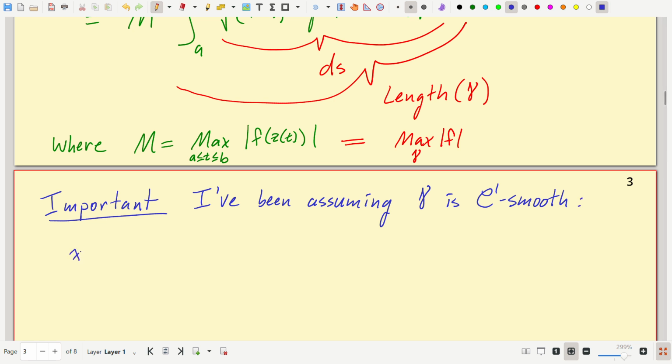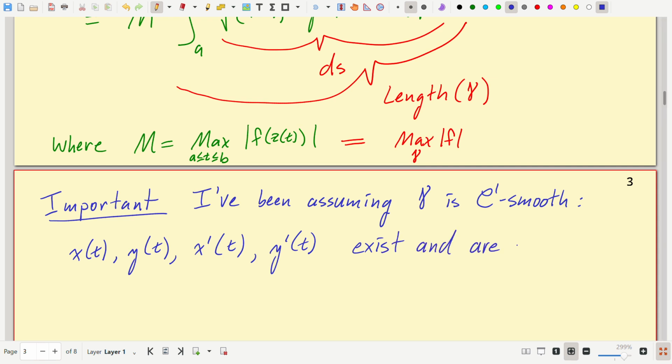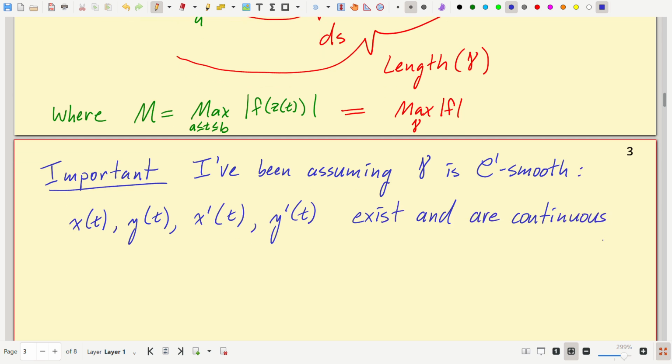And what that means is that x of t, y of t, and x prime of t, y prime of t are all continuous. Those derivatives exist and are continuous on the whole interval, so even up to the endpoints, meaning they have left and right derivatives at the two endpoints.